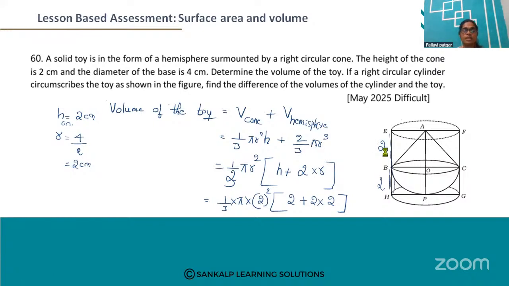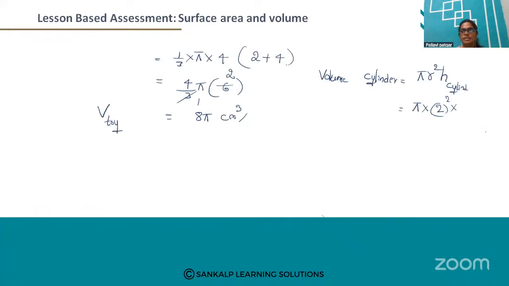So 4 is the height of the cylinder. Okay. This is equal to pi into 2 2s are 4 into 4, is equal to 16 pi centimeter cube. This is the volume of the cylinder.